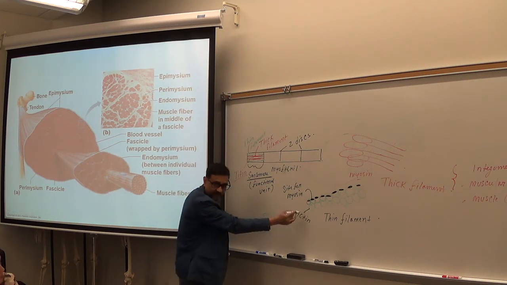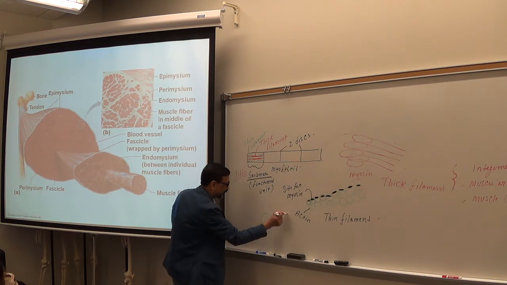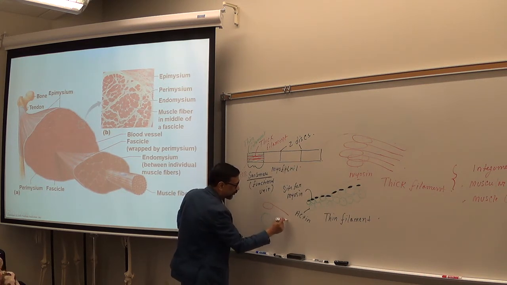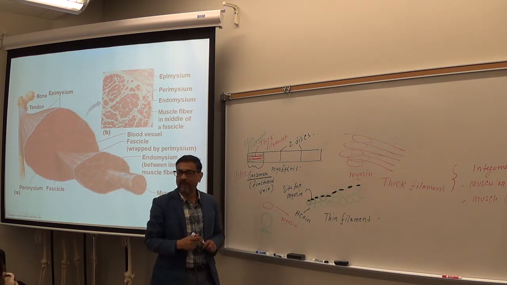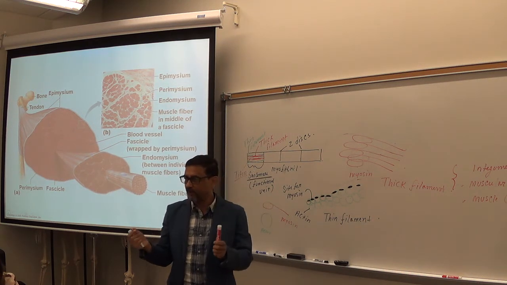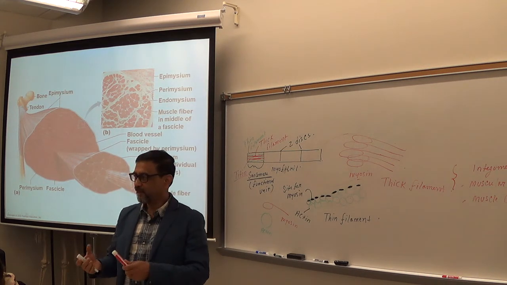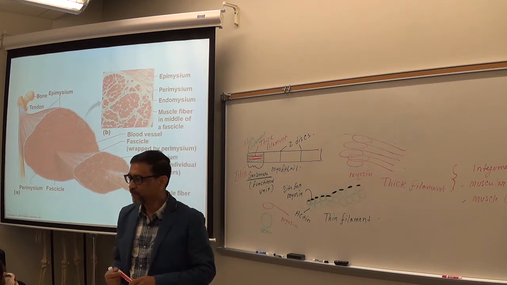A single actin, right? Unit. And this is what? Myosin. Is it clear? So many actin balls join together to form the thin filament, right? And many myosins bundled together to form what? The thick filament. Is it clear? Okay.